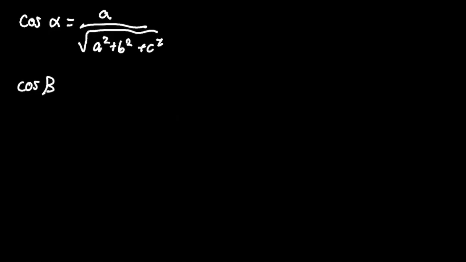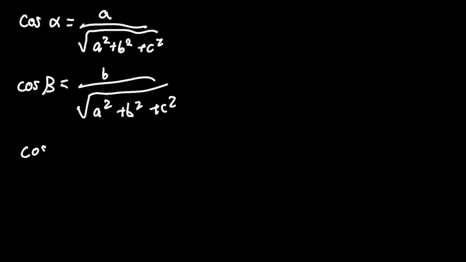We have cosine of alpha equals a over square root of a squared plus b squared plus c squared. Cosine of beta, and again, alpha is the x-axis, beta is between the y-axis, is b over square root of a squared plus b squared plus c squared.